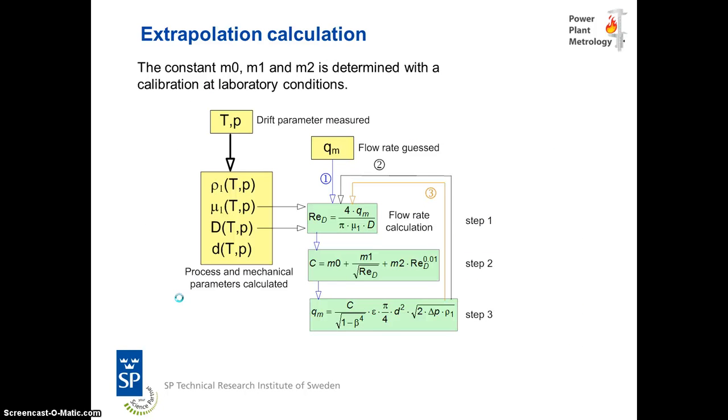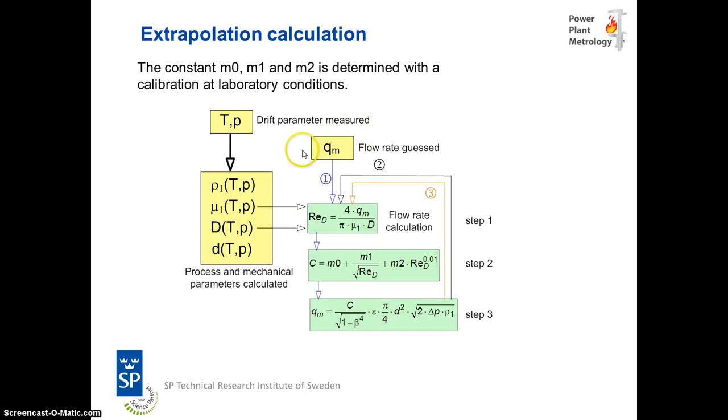So how we actually do this is we have a little sketch of how to do the calibration. You determine those constants at the calibration, and you put them in. You have the temperature and pressure from the actual working conditions, and then you can calculate the density, viscosity, and the two different diameters, the actual size of them at the working condition.